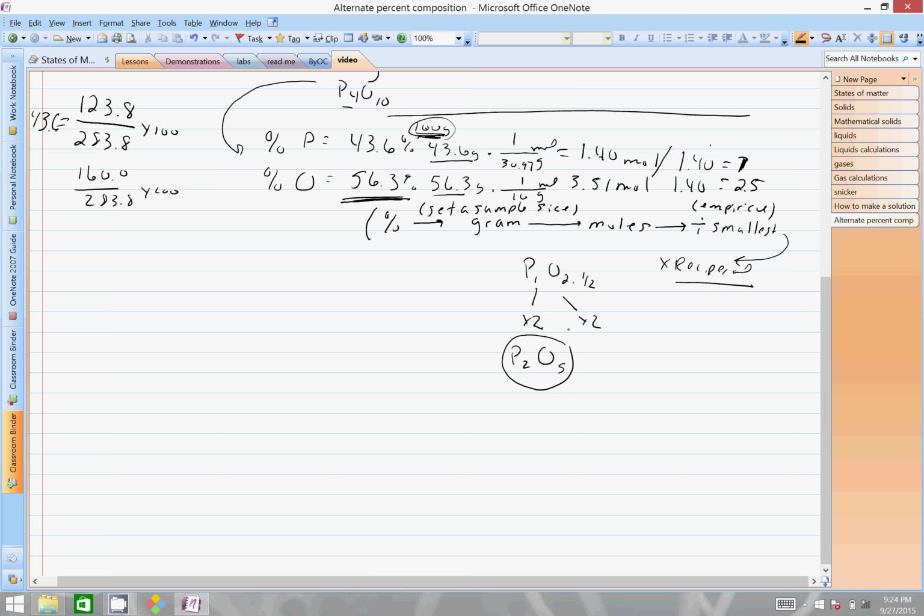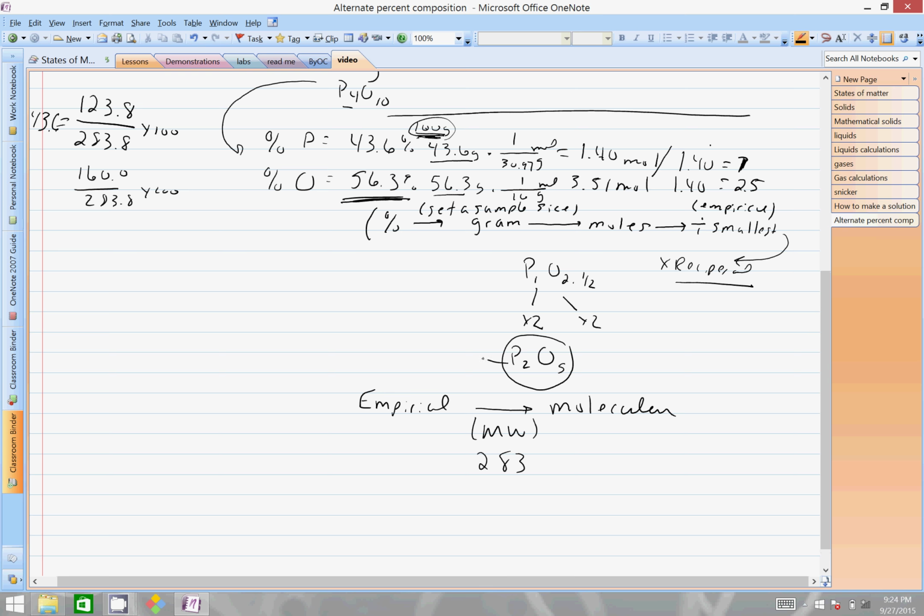Again, very important to go from an empirical formula to a molecular formula, I would need one piece of information, my molecular weight, which is going to be 283.